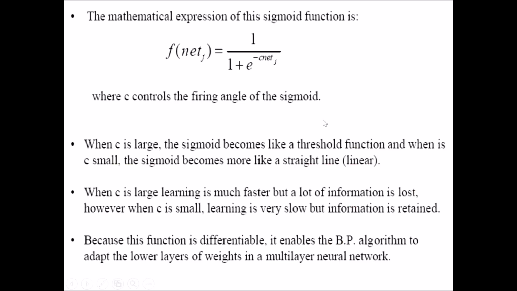The sigmoid function consists of a simple mathematical equation, which is 1 over 1 plus e to the power of minus c net j. Here c is the parameter that controls how flat the sigmoid function is.